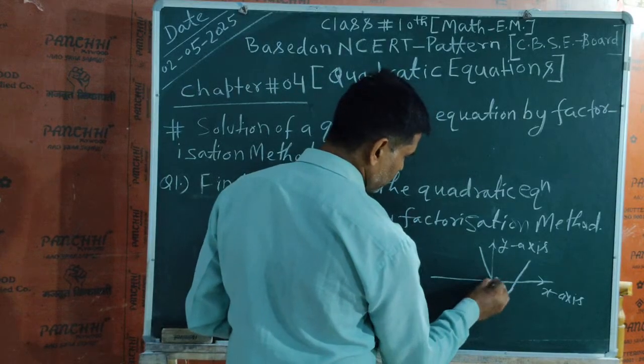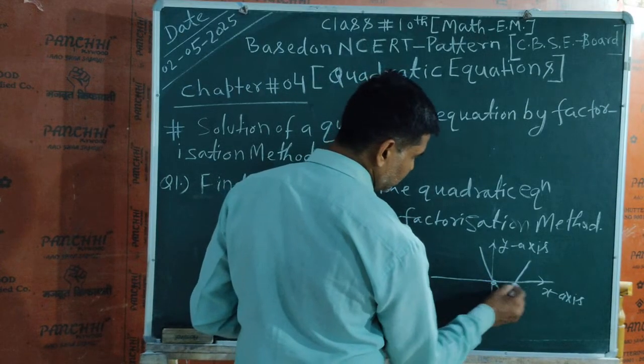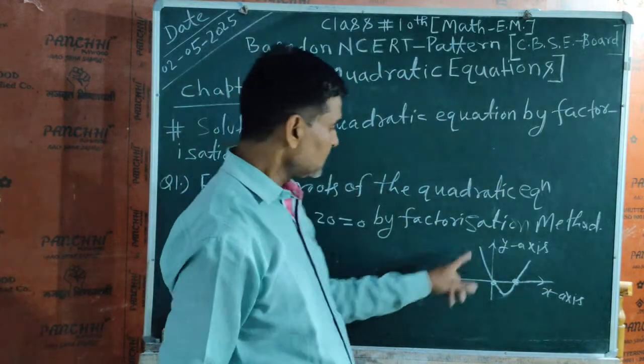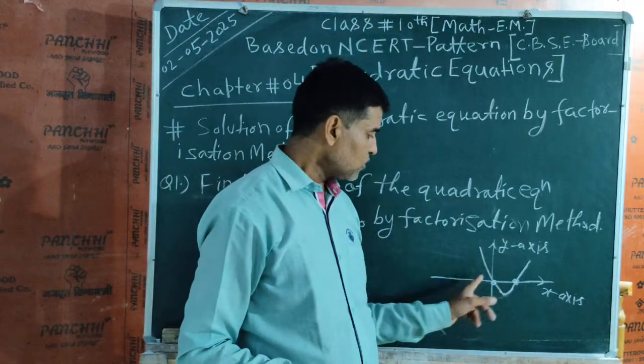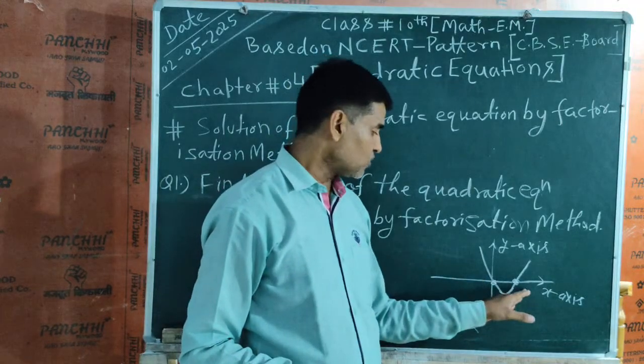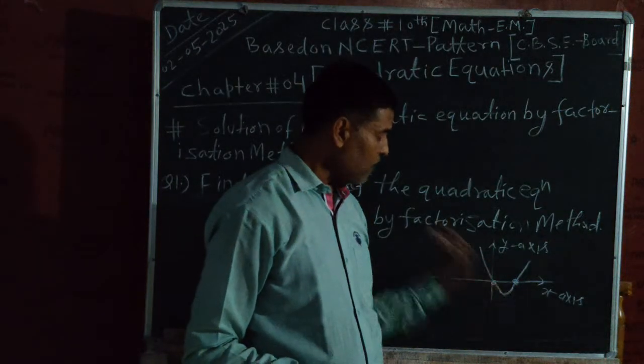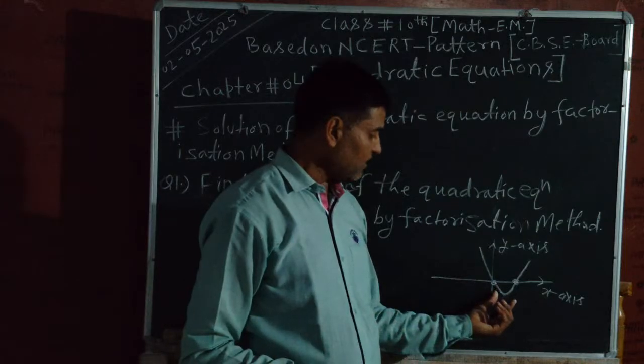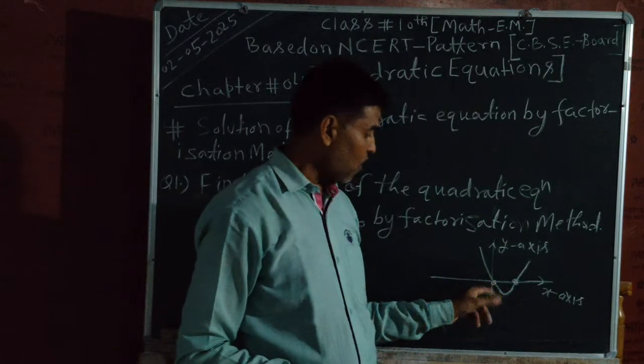It means that one intersection point is here and the other intersection point is here. It means that this quadratic equation has two roots, one will be alpha and the other will be beta, because I have drawn it randomly. Now after simplification, I will get its value, and that value will be a real value on the x-axis.